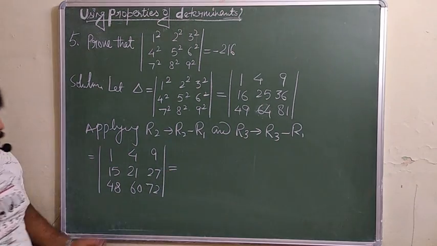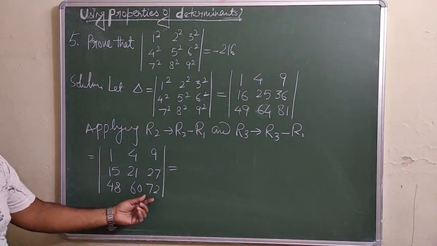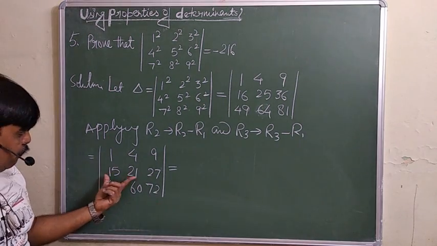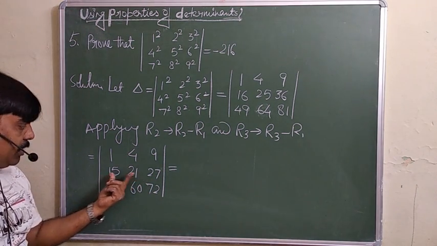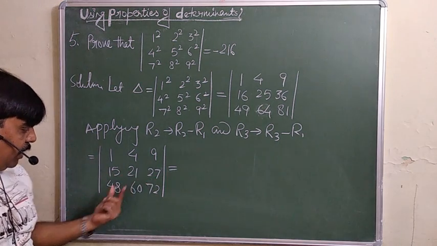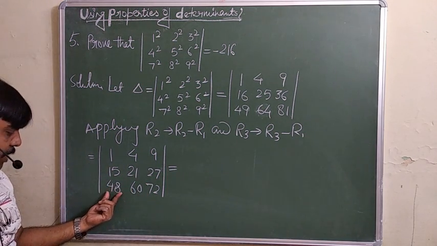Now one thing you can do: from the second row, we can take out these numbers, since the elements are divisible by 3, and in the third row every element is divisible by 12.